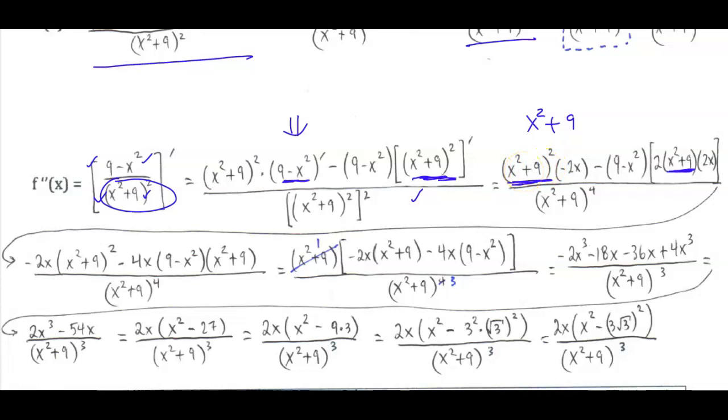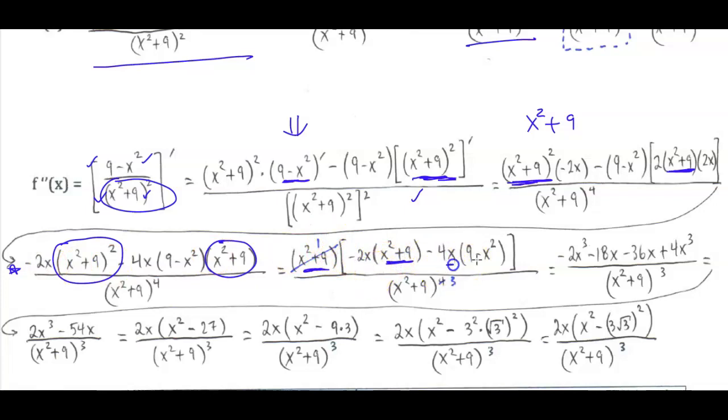And so here at this step, I'm just rearranging things. And here I see that I have 1 factor of x squared plus 9 and I have 2 factors of x squared plus 9 here. So I can factor at least one of those out. So when I do that, I have a minus 2x, and then I have an x squared plus 9 left.